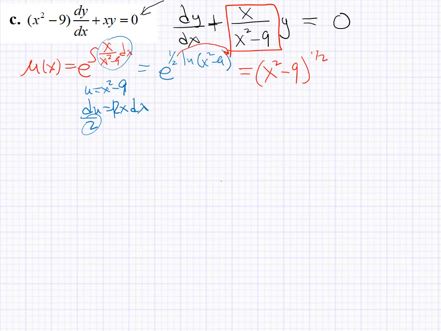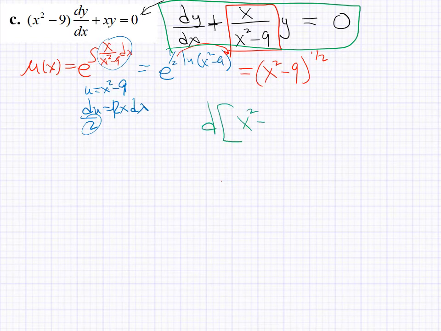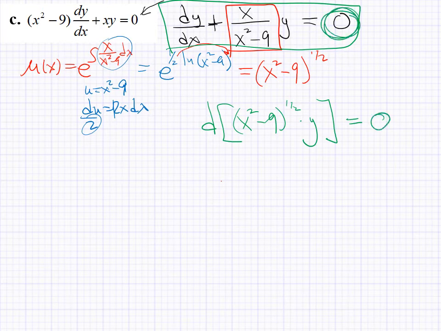So then I'm going to say if I multiply the standard form original equation by that integrating factor, I know that the left-hand side is going to turn into the derivative of that integrating factor times y. And the right-hand side is going to be 0 times the integrating factor, so still just 0.